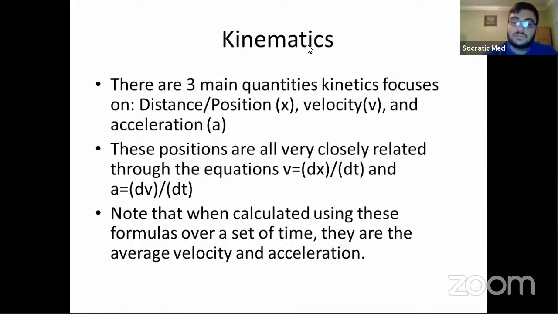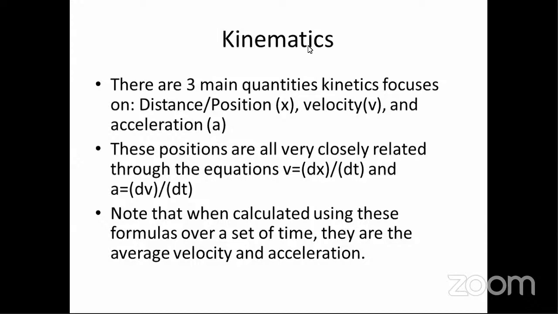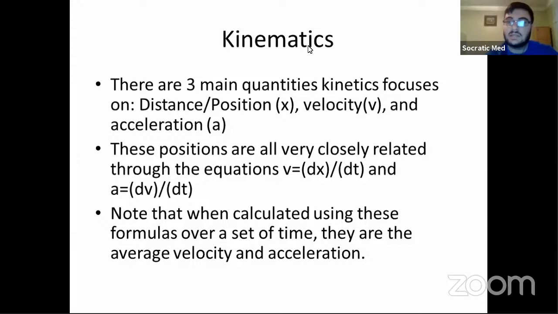Note when we're using these formulas, calculating over a set of time, so over say 10 seconds, they're usually the average velocities and accelerations, which, we'll get to later, is a very important distinction from instantaneous velocity or instantaneous acceleration in the moment. So for example, say you moved 20 feet in 2 seconds.